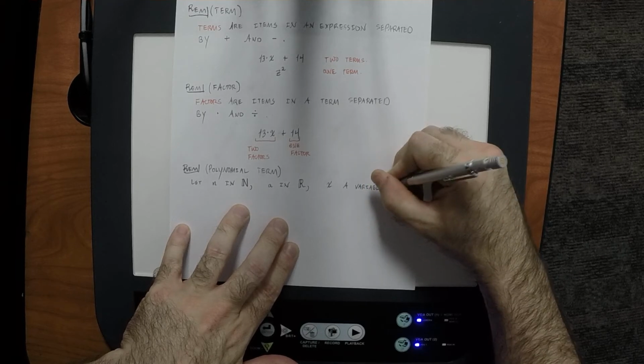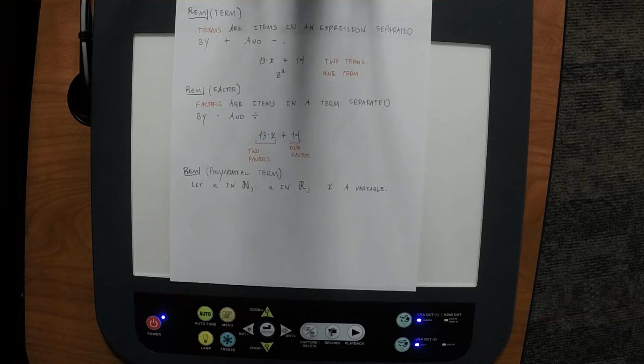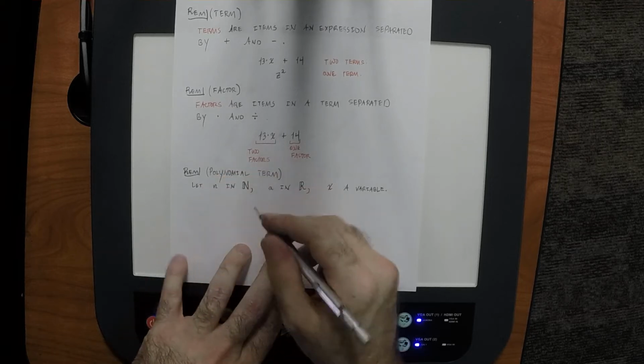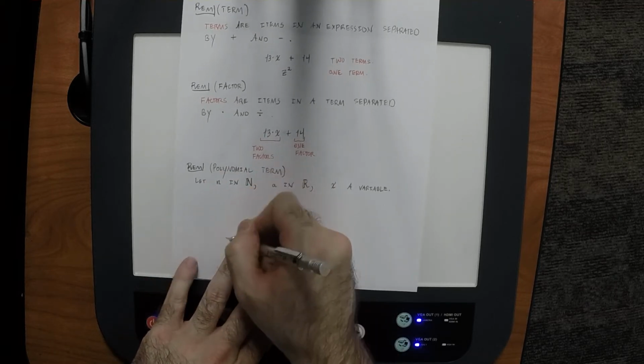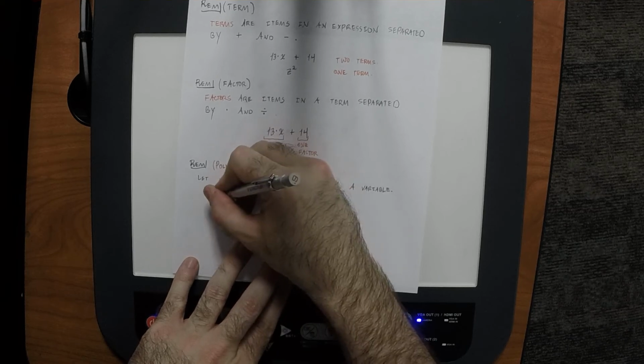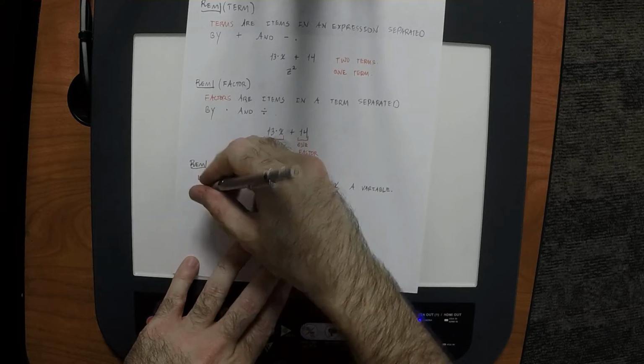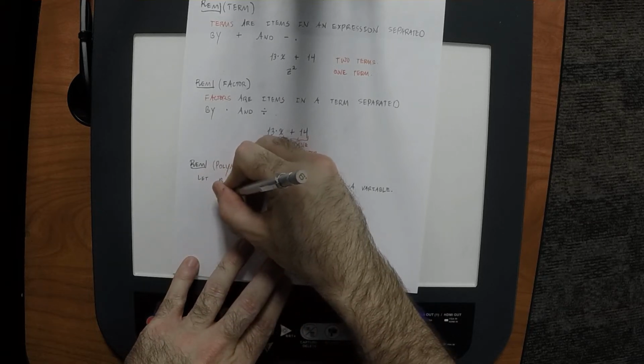Which is to say that we're going to write some expressions and they're going to have x's in them, and that's a place where you could plug something in, like a real number. Then there are two aspects to this definition. So the first possibility is, what's the least natural? 0.